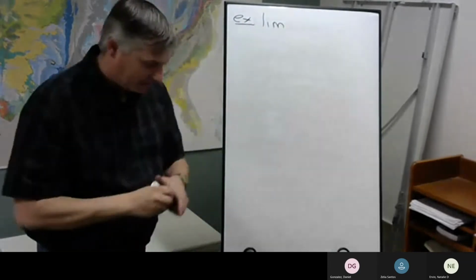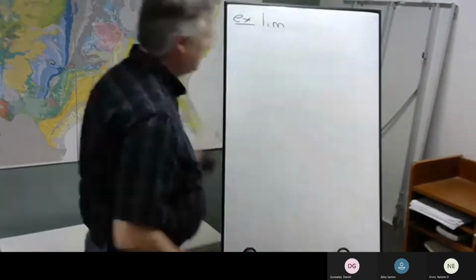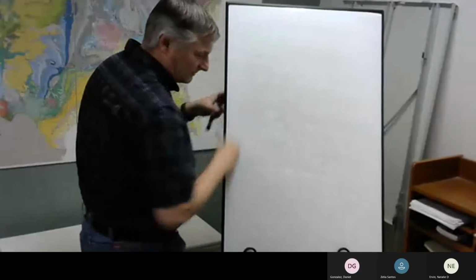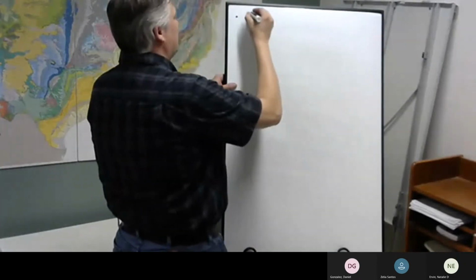Oh, we're running out of time. Let me move on. I'm sorry. I might have to post this one for you later. We're running out of time. So the idea here is, let's see. We do want to mention this.